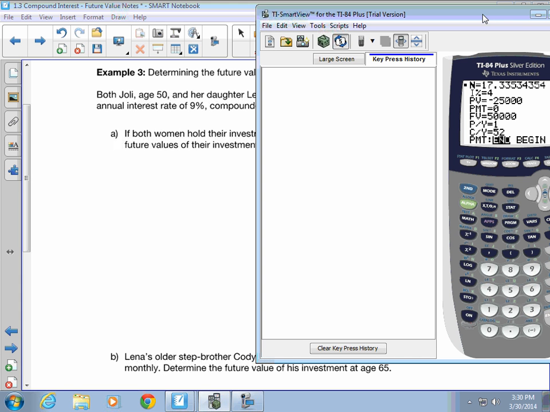So both Jolie, age 50, and her daughter, Lena, age 18, plan to invest $1,500 in an account with an annual interest rate of 9% compounded monthly. If both women hold their investments until age 65, what will the difference in future values of their investment be? So we're going to do it for Lena, and then we're going to do it for Jolie.